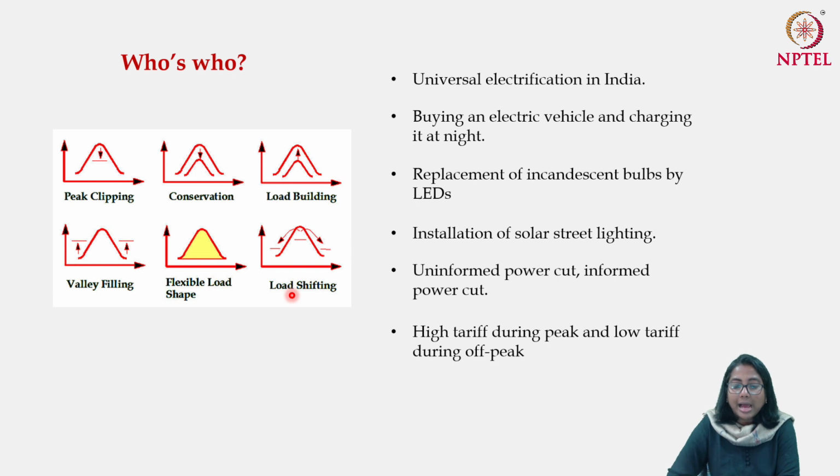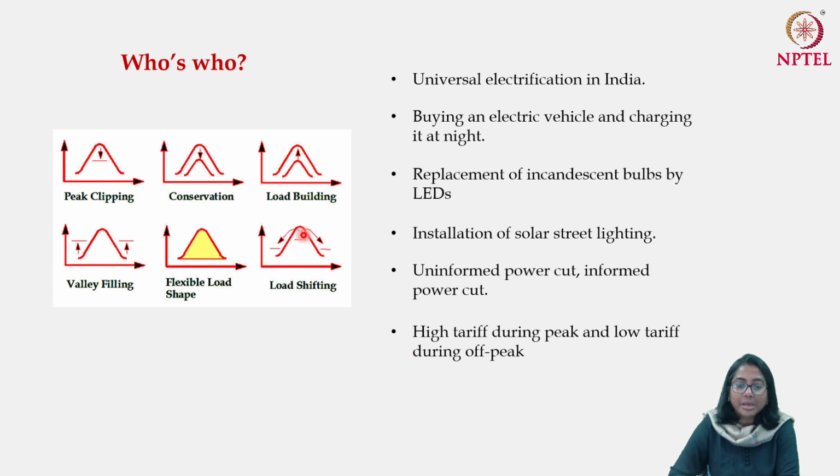The next one, high tariff during peak demand and low tariff during off peak demand, and this actually leads us to the next slide. This is sort of an incentive structure, and this will lead to load shifting again, because if the price is high, then given the law of demand, people will lower their demand, and if the price is low, people are going to increase their demand.